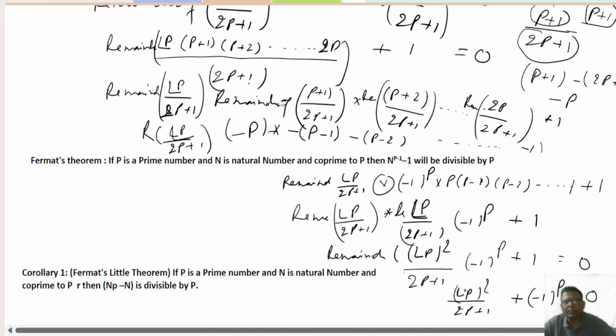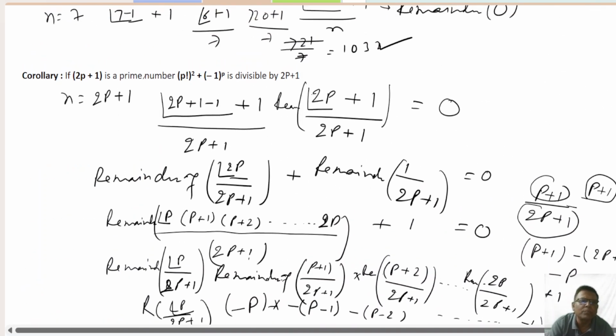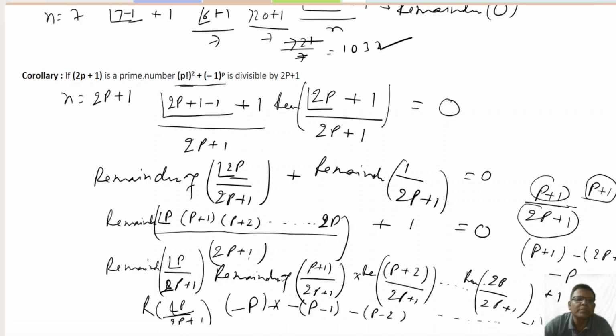You multiply by minus p on both sides: minus p into minus p by minus 1 to the power p. So this one will be positive. So ultimately what we got: if 2p plus 1 is a prime number, then these terms will be divisible by that prime number.